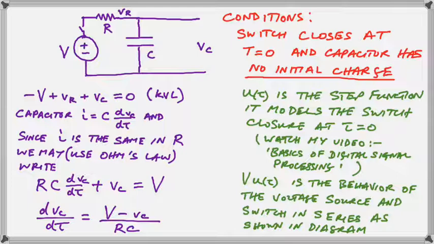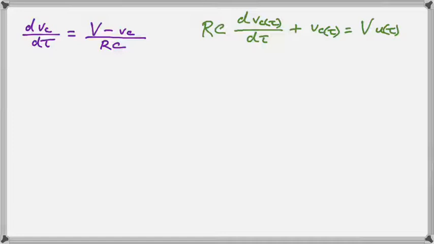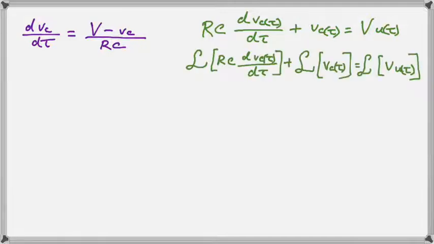V multiplied by u(t) is actually the behavior of the voltage source and the switch in series, as shown in the diagram. We write the Kirchhoff's voltage law equation in green to be used for the Laplace transformation as shown.